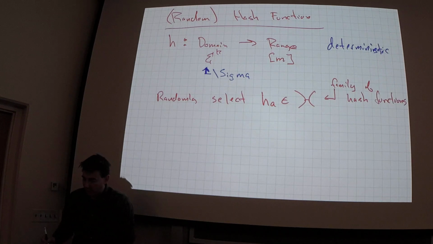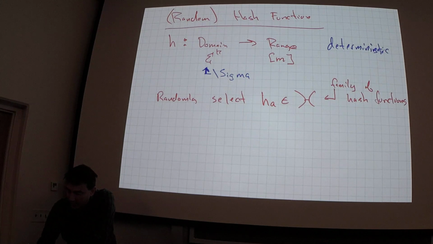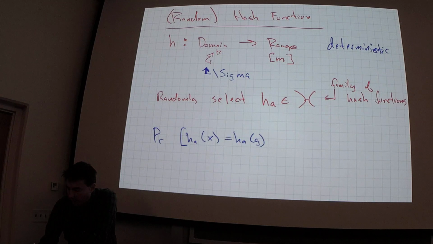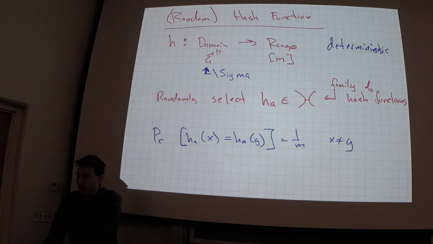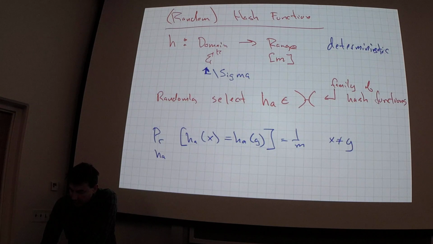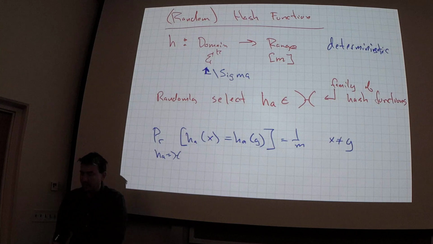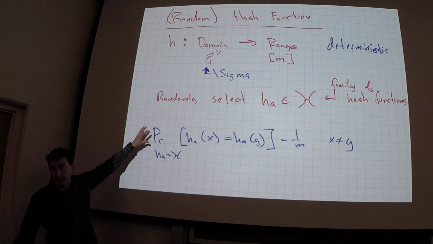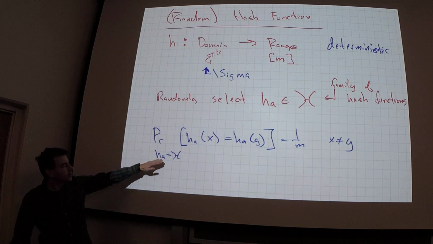And they should roughly have the property that the probability of H_a of x equals H_a of y equals 1 over M for x not equal to y. And this probability is taken over this choice of, now I'm selecting this H_a from this family of hash functions.